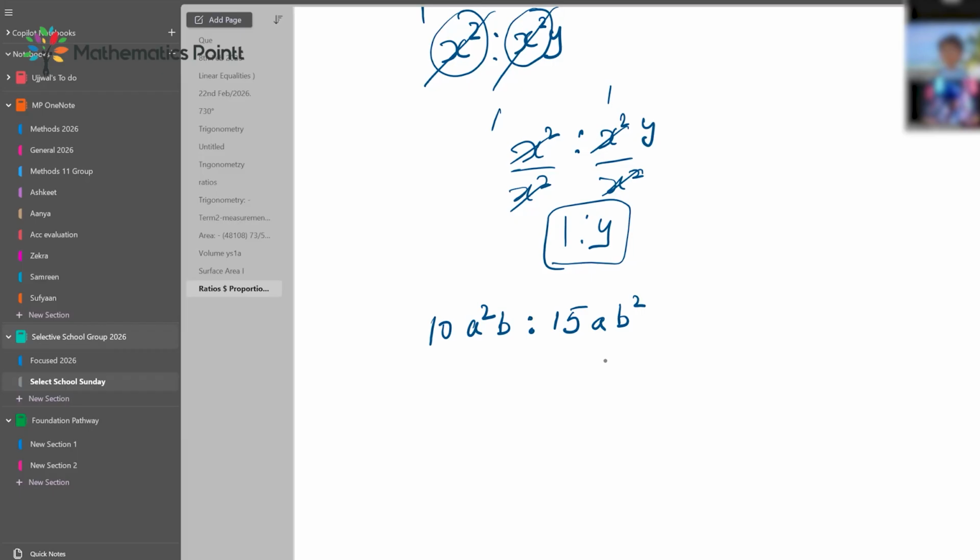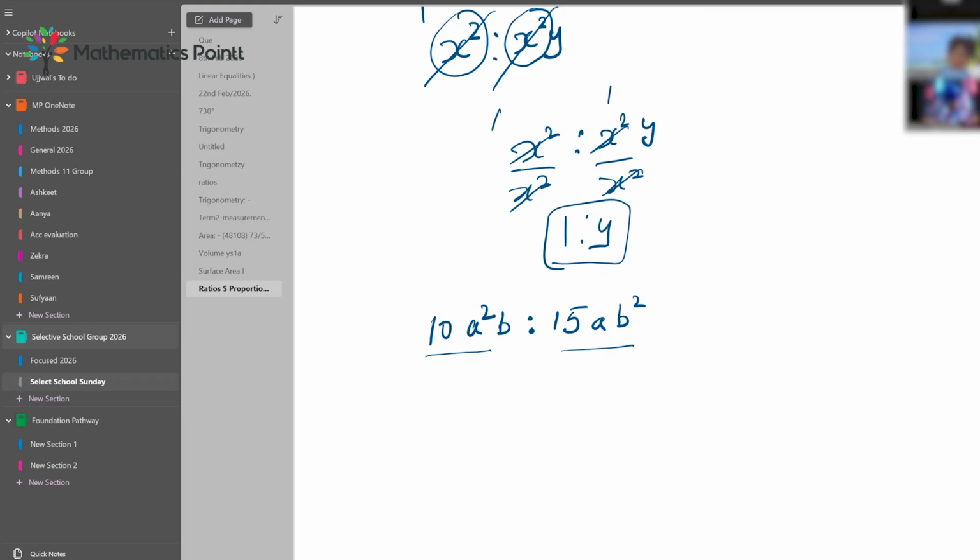Anyone who doesn't know how to do this, just say no. I want to see how many don't know, and then I'll explain it in a more detailed fashion. Okay, we've got a couple of them who don't know. That's okay. Now, what is the common factor between these two?